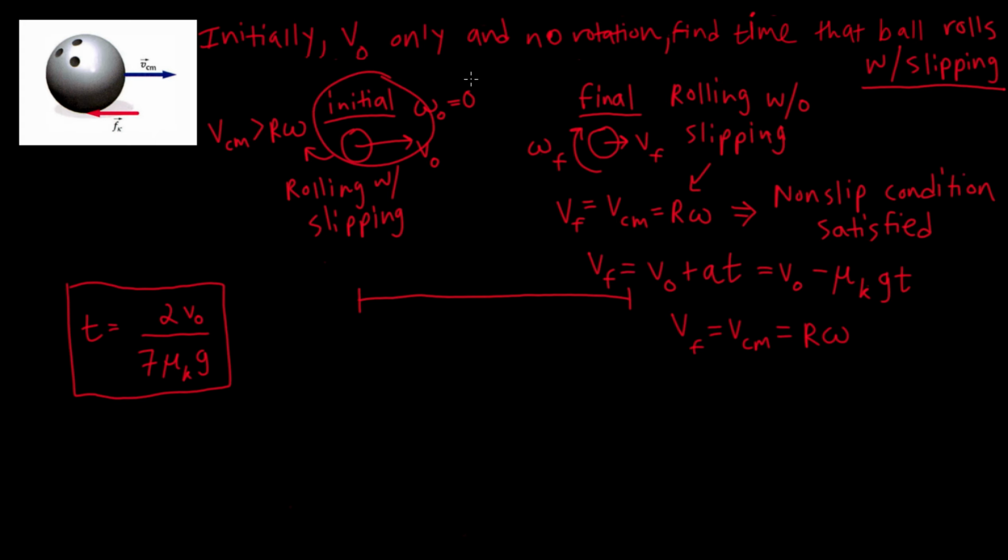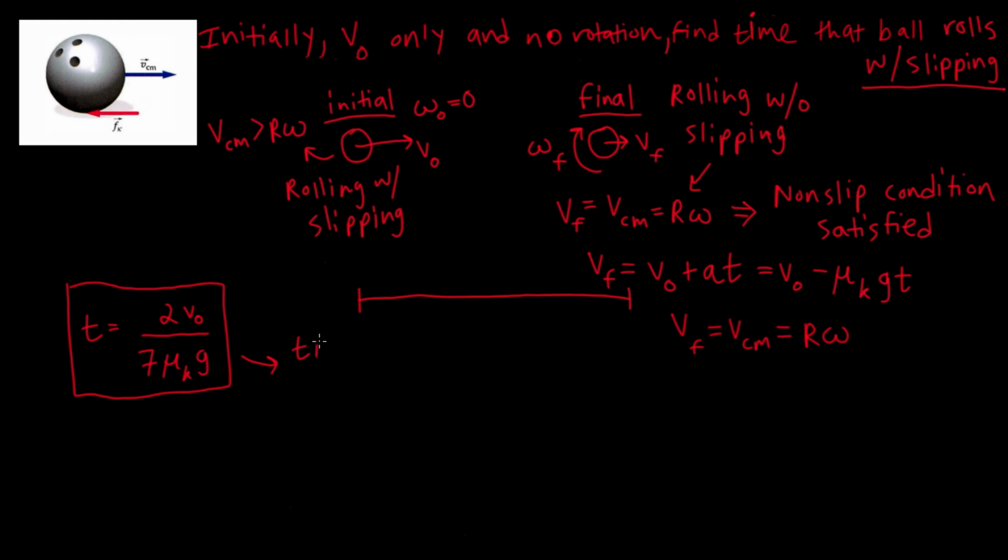Or in other words, how long did it take for the ball to go from its rolling with slipping state to its rolling without slipping state. And so this just represents the amount of time it took for the bowling ball to go from rolling with slipping to rolling without slipping.